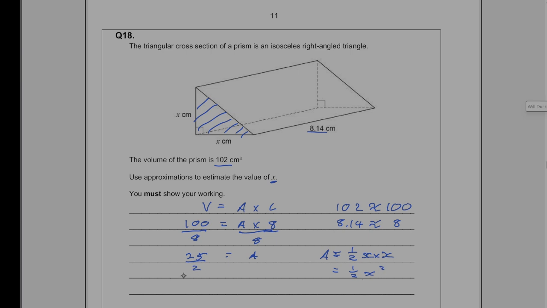Right, and these two areas are equal. So I'm going to cancel out a half and say that x squared is equal to 25. Meaning that technically we've got plus or minus 5 as our answer here. However, we can't really have a negative length, so I'm going to go 5 centimeters for x.